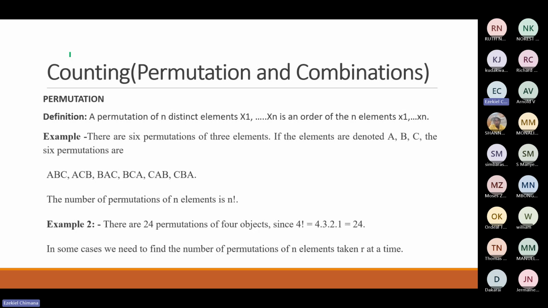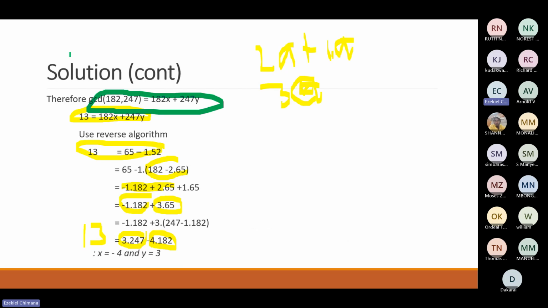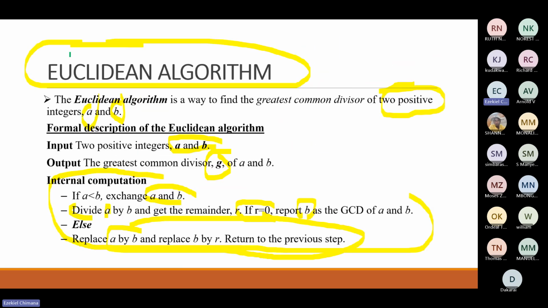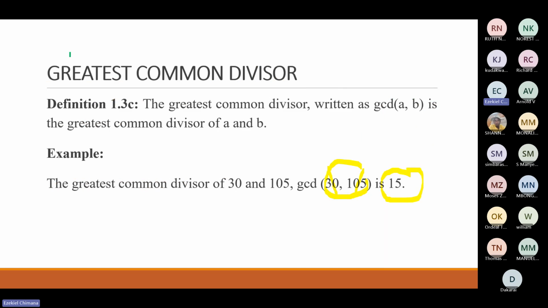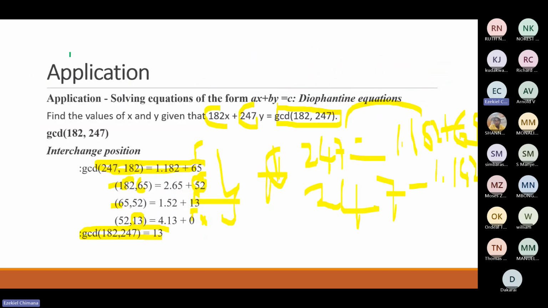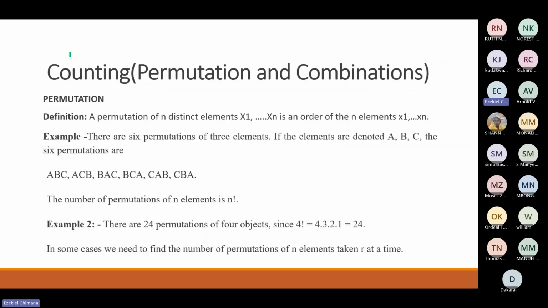We are going to do permutations and combinations. On the part of GCD, that's all you are going to see in your exam. It's just a matter of practicing, maybe doing 3 to 4 examples, and you just master it. So let's look at the counting topic.